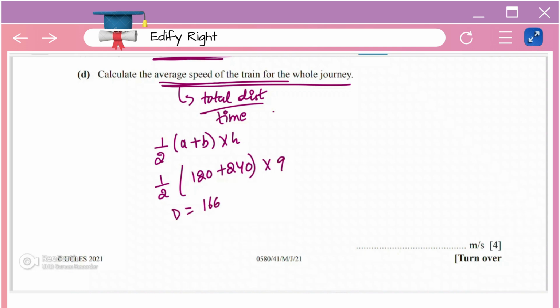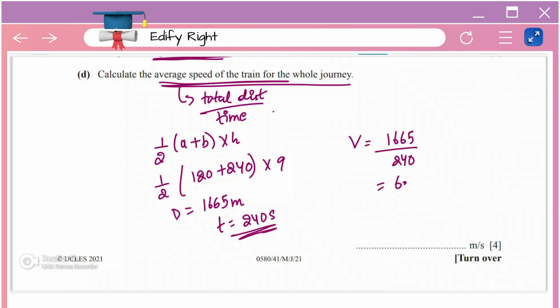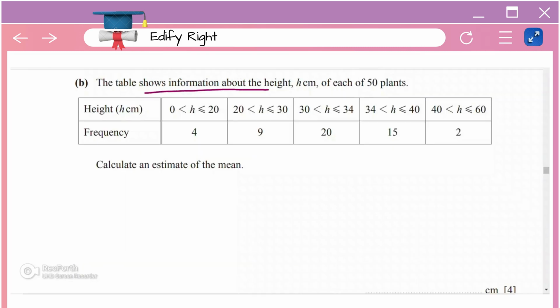So D equals, when you do the calculations, 1665 meters. And the total time taken, as you've seen, is 240 seconds. So let me find the speed here, which is total distance 1665 upon 240, which is 6.9375 meters per second.